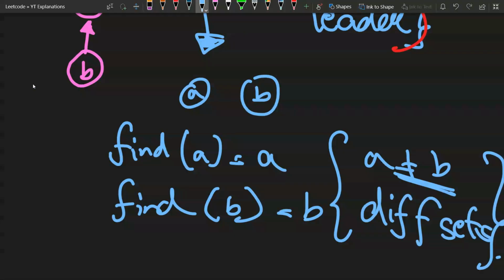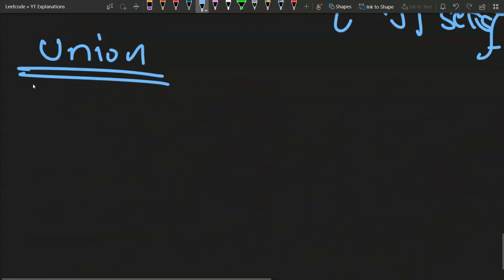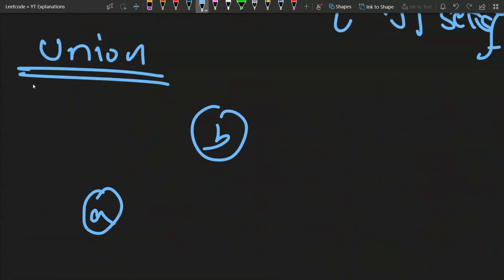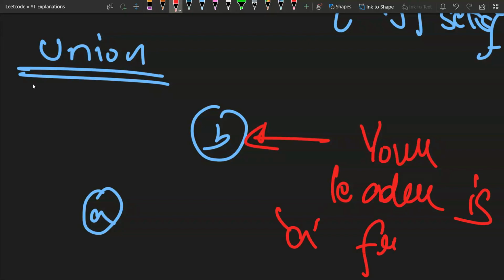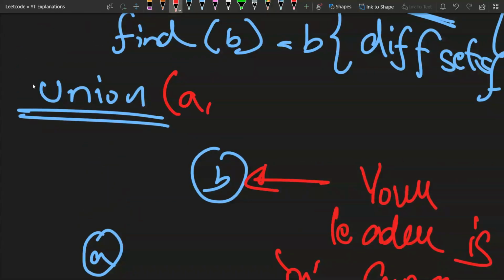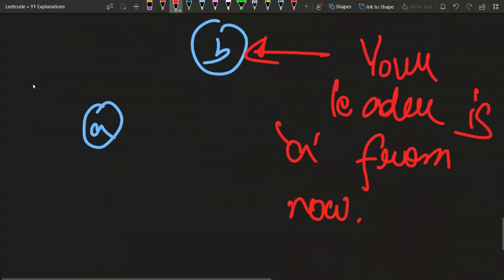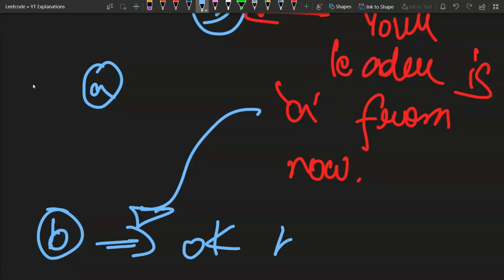Now when you're doing union, B is here, A is here. We tell B, now your leader is A. From after union A comma B, your leader is A. B says okay boss.